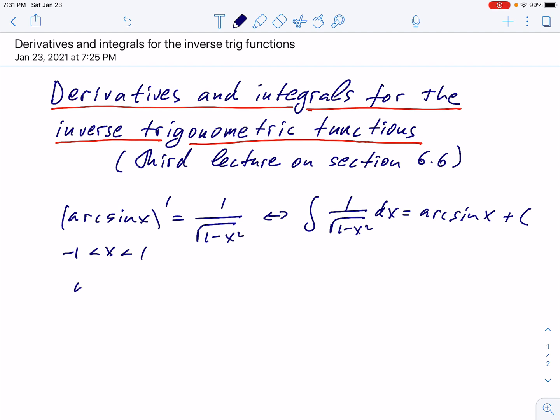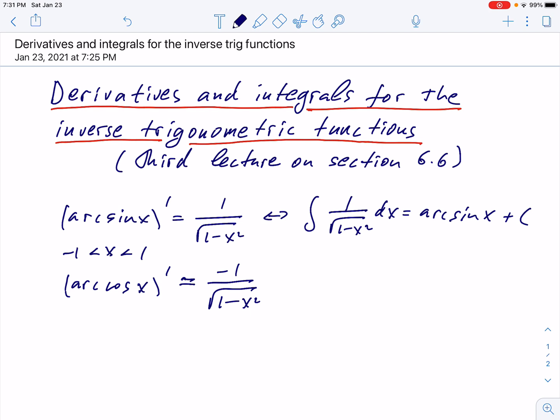Differentiating arc cosine: arc cosine x prime is the same thing with a negative in front, same interval.